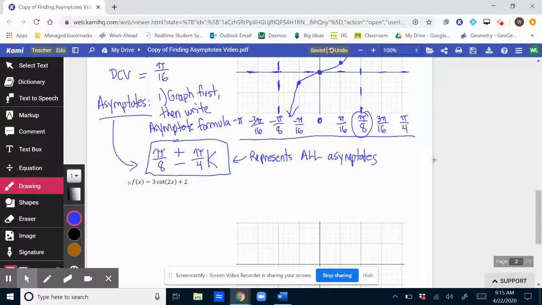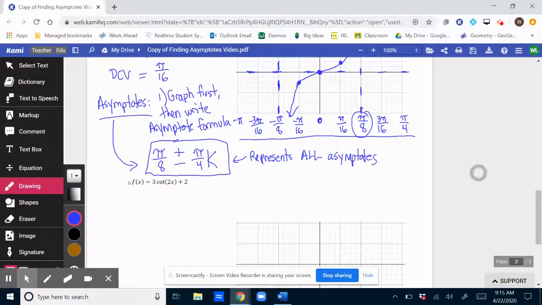Plus or minus means that there are some asymptotes to the right of pi over 8, some to the left. And then plus or minus pi over 4 times k. So your period is pi over 4. And k, it could be 1, 2, 3, 4. So if you add 1 period, you land on another asymptote. 2 periods. So whatever whole number you plug in for k, basically there are an infinite number of asymptotes if you keep going right and left, and that's what k is for.